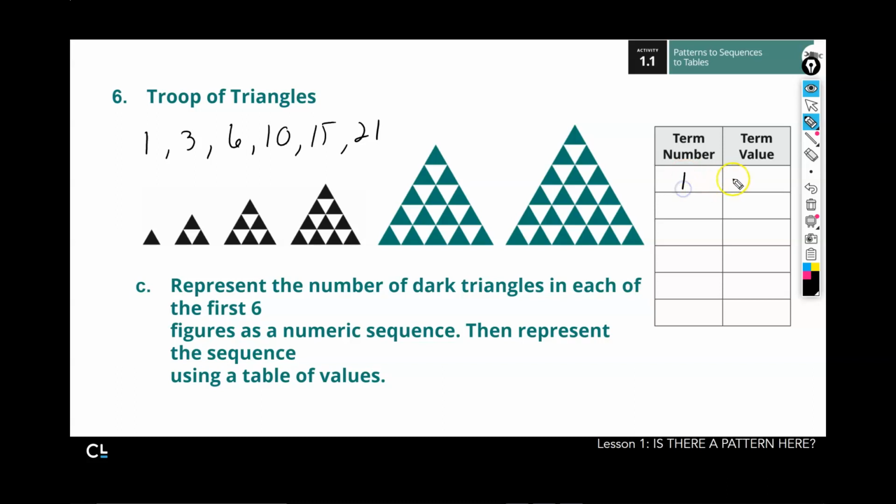So the first term had 1 dark triangle. The second term had 3 triangles. The third term had 6 triangles. The fourth term has 10 dark triangles. The fifth term has 15 triangles. And the sixth term has 21 dark triangles.